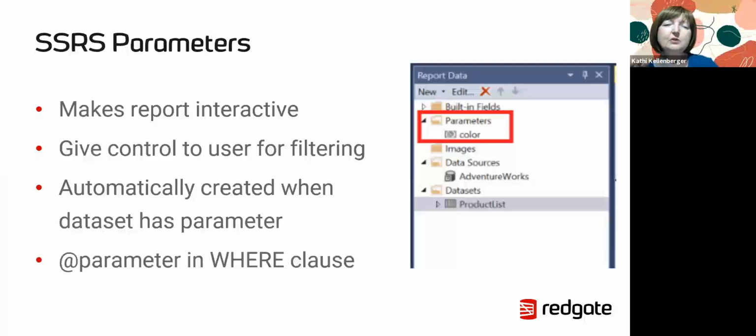The way that you add that to the dataset is by adding an @ parameter in the WHERE clause. So you might have something like CustomerID = @CustomerID. That @CustomerID is kind of like a variable, and the end user is going to supply that information. This also works with stored procedure parameters if you're familiar with those.